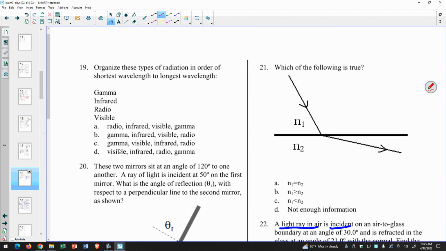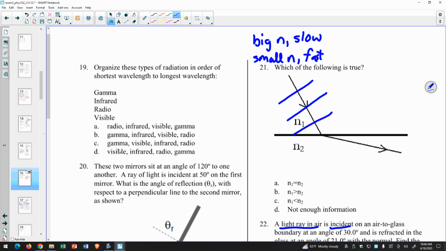So you might have one like this too. This one's simpler than the one that we just did, but still a possible question. So I want to know, what about the indices of refraction? Just remember, big N means it goes slow. Small n means light travels fast. So it depends on the relative size of the index of refraction.